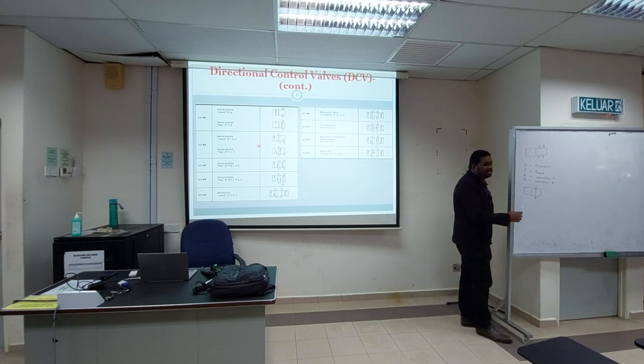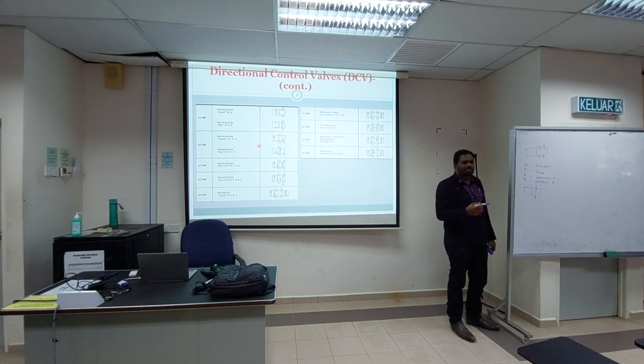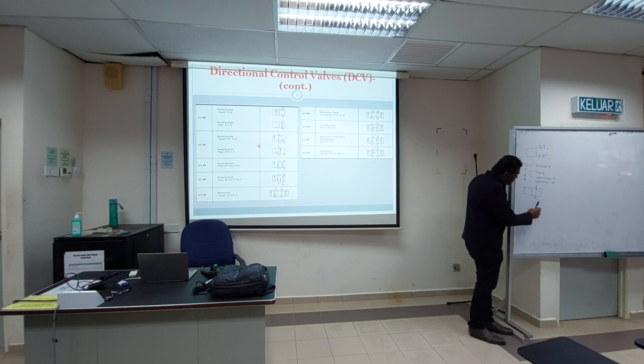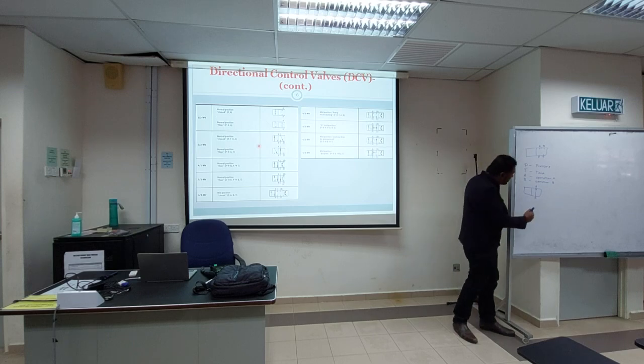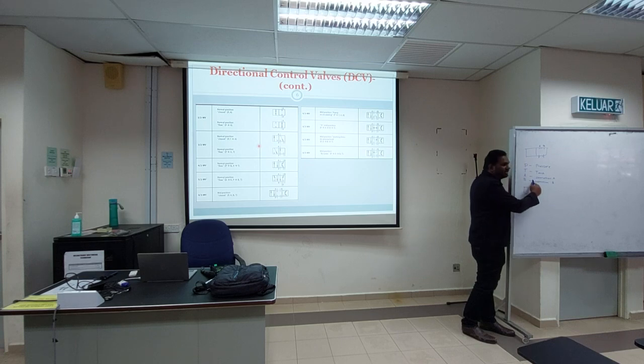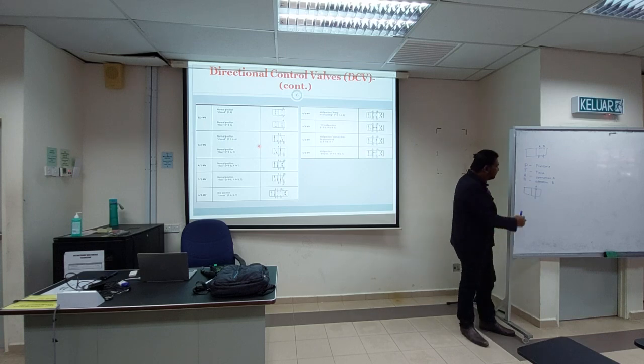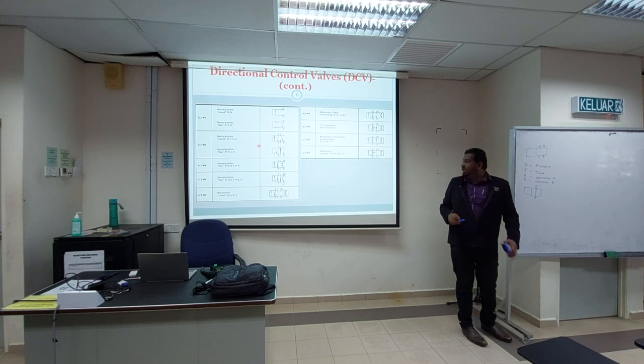Arrow ini adalah direction of your compressed airflow. So yang ni dia start dari pressure, dia naik ke port A. Maksudnya the compressed air is moving from your pressure to the port A. So itu adalah maksudlah.